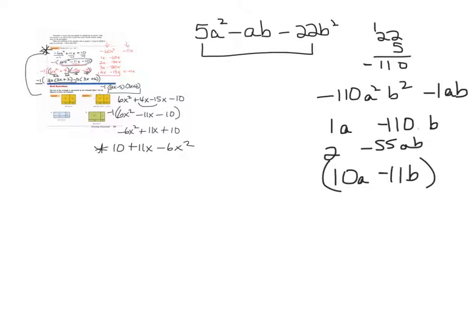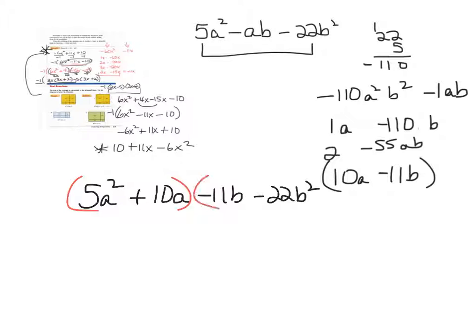So let's try it. So 5a squared, rewrite it, plus 10a minus 11b minus 22b squared. Going to make groups. My greatest common factor here is going to be 5a. So once I divide, I get a plus 2.